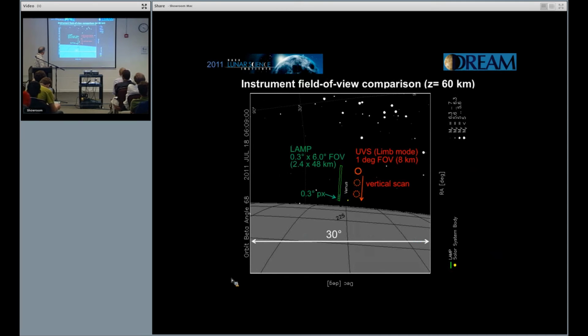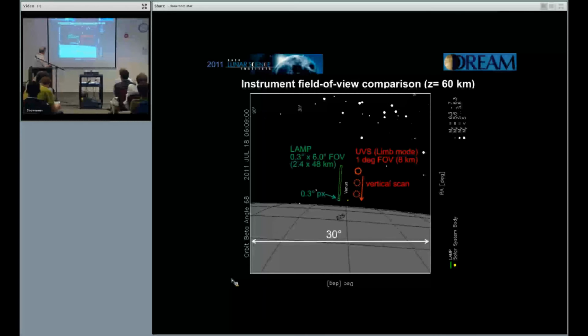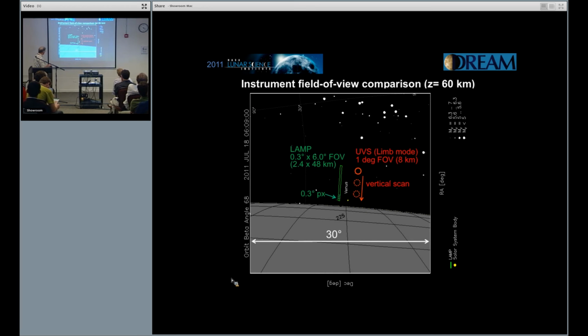I thought I'd throw this in. Kurt Rutherford gave me this still animation frame, the LAMP animation frame, and I jazzed it up a little bit. I compared the image scales for both of these instruments. LAMP is a slit spectrometer. UVIS is a point spectrometer, but in its limb occultation mode it has a fixed pointing plan where it can follow the sun down, so you effectively make it a slit spectrometer, and you can compare almost apples with apples.